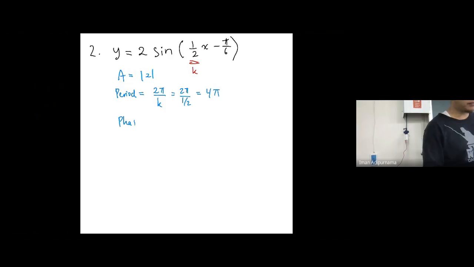And phase, okay, for phase there are some differences with other terms. It's phase, not phase shift. Different. Phase is the difference at the steady state. So phase is actually just this, pi over 6. But it is different from phase shift. Phase shift is the same as horizontal shift. So the other one is horizontal shift.